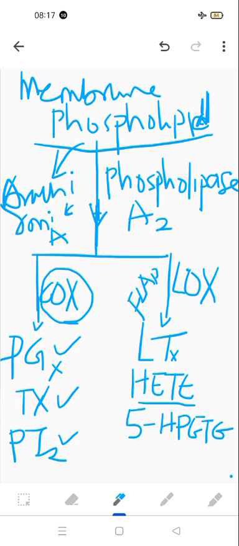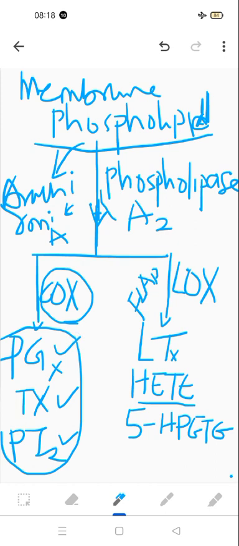I'll take it again. The membrane phospholipid will be cleaved to remove the incorporated arachidonic acid, and the enzyme that catalyzes this process is phospholipase A2. After the cleavage, the free arachidonic acid can undergo two biosynthetic pathways catalyzed by two different enzymes. It can be the cyclooxygenase pathway, involved in the formation of prostaglandins, thromboxanes or prostacyclins.